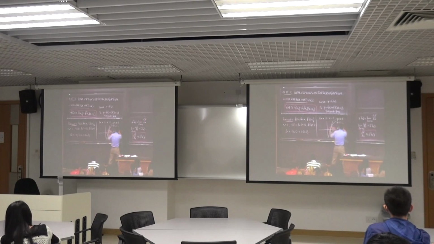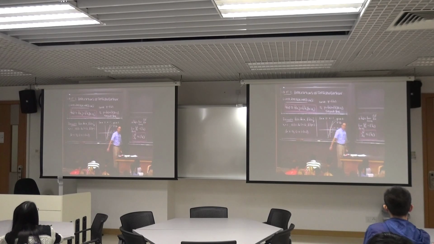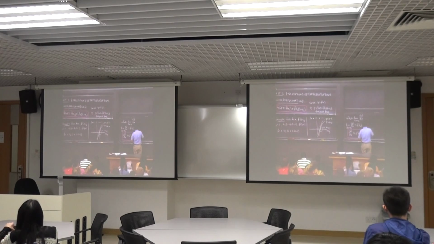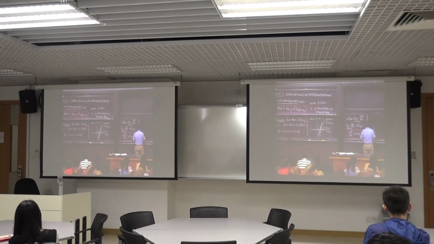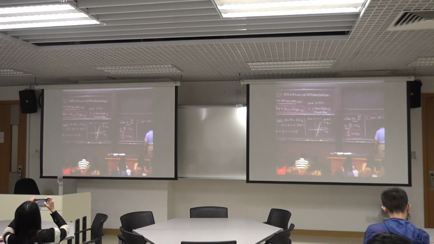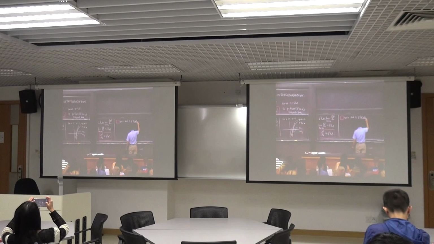Now, let me just explain why those two formulas in the boxes are the same, all right? So let's just start over here and explain that. So the smaller box is the same thing if I multiply through by delta x, as delta f is approximately f prime of x0 delta x. All right?